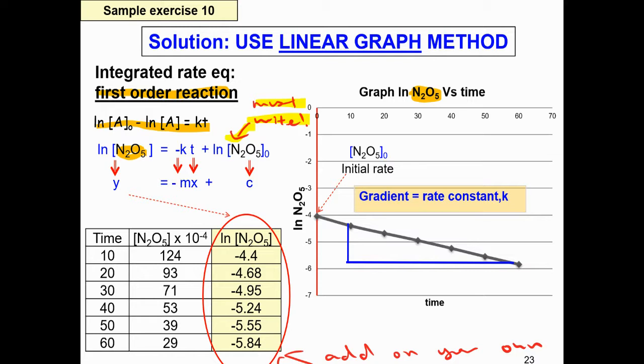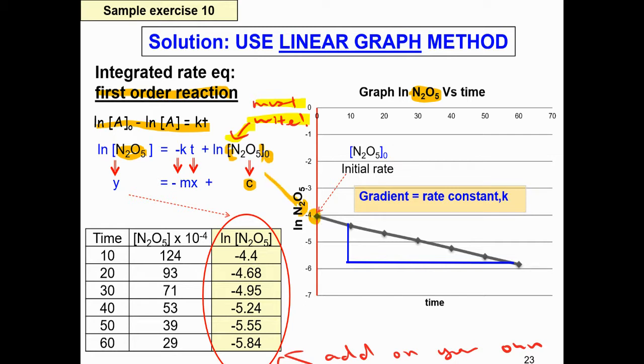First of all, take note of the initial concentration. Initial concentration only happens once, when time equals 0, when the reaction hasn't started yet. So you cannot use time, it doesn't make sense. So here you already know it is concentration, so this is the intercept.